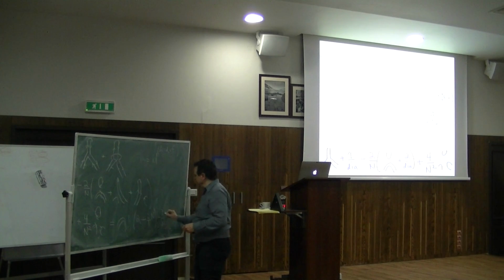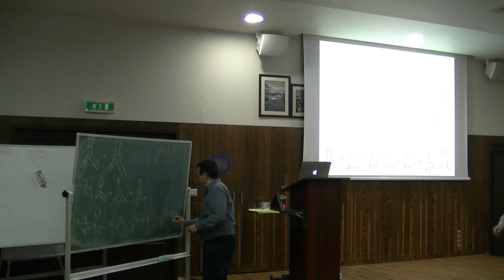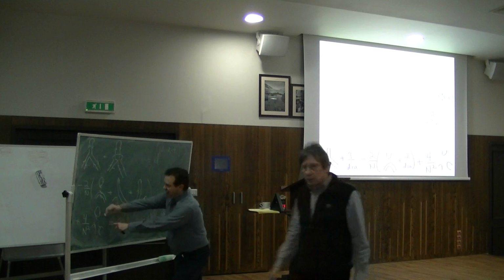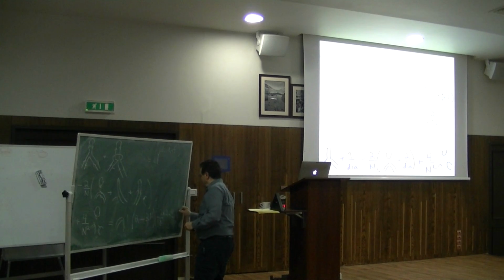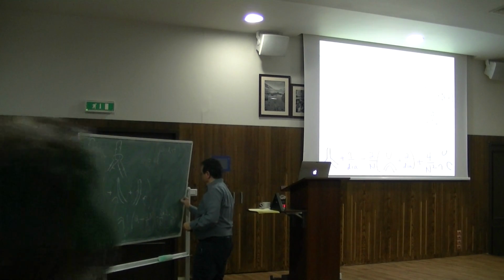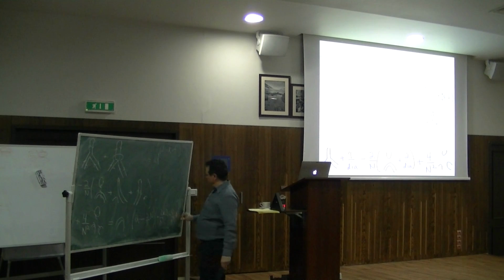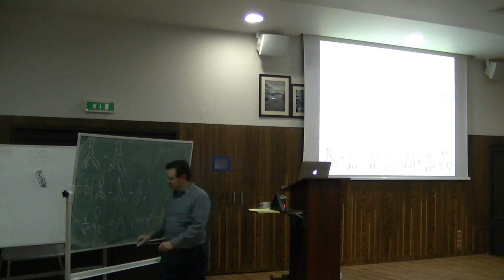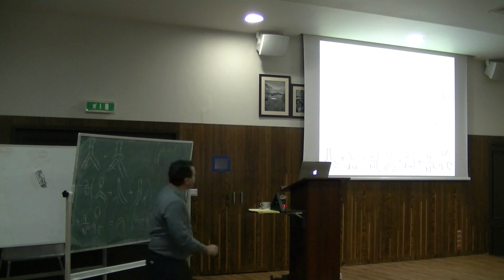Minus 2 over n times 2. This is plus 4 over n squared. And then if I tie this together, I'm going to get an n, and I'm going to get this. So this is minus 4 over n plus 4 over n. That cancels. This cancels. So I can do simple algebra.